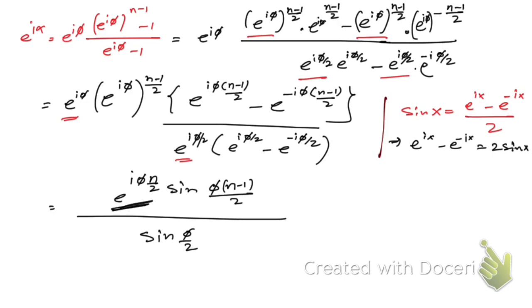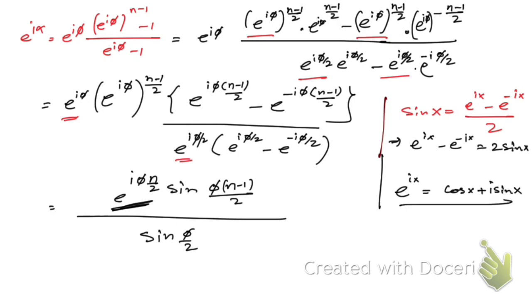And this can be written using, again, e to the power ix is equal to cos x plus i sin x, right?